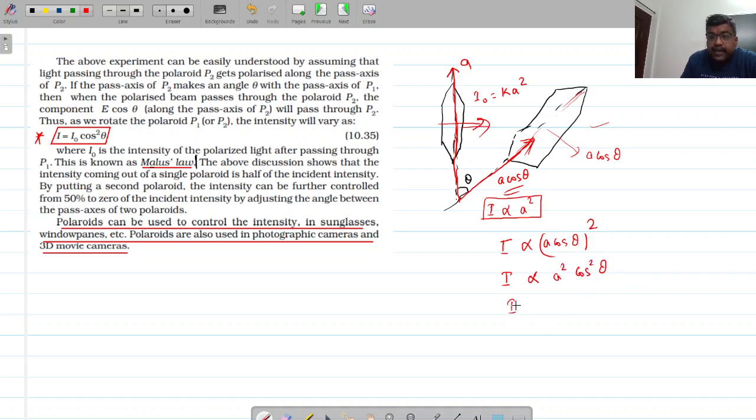So I is equal to k a square cos square theta. What is k a square? k a square is I naught. So I can write this as I is equal to I naught cos square theta. What is I naught? I naught is the intensity emerging out from the first Polaroid, and I is the intensity emerging out from the second Polaroid.